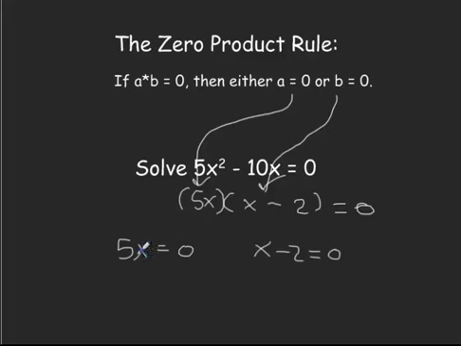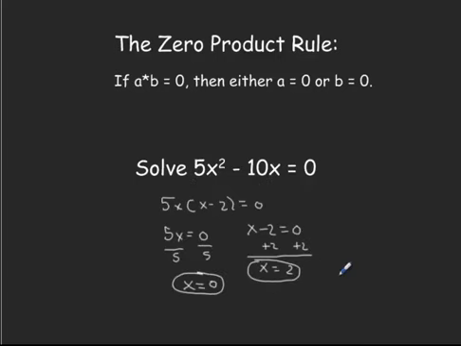Okay, we're going to solve these one by one. This one, we divide by 5, and 0 divided by 5 is 0. So I get x equals 0. And in this one, I'm going to add 2 to both sides, and I get x equals 2. Alright, I had a little glitch there, so I lost some of this, but here now it looks neater. So I had my two answers of x equals 0 and x equals 2, and they make sense.